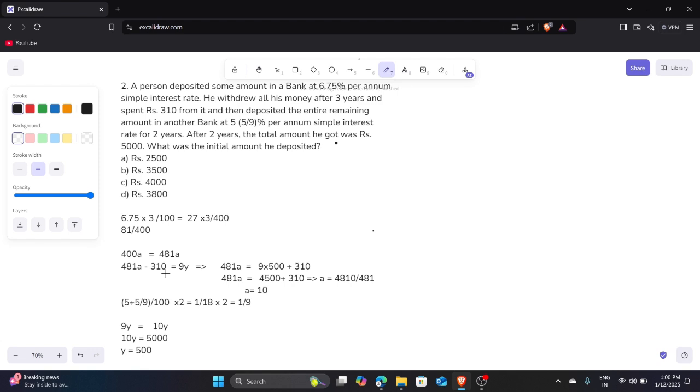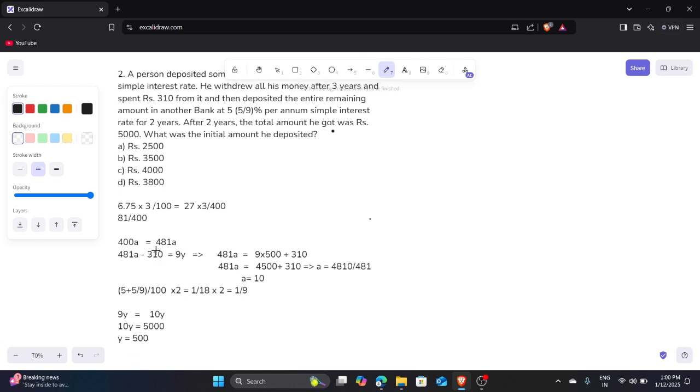So we take this total amount, subtract it, and we get some number, and that is the principal for the second time. The second-time principal we consider as 9y, so we put equal on it, and then again we get the value of y, so we put it in and solve it, and we get that the value is 10.